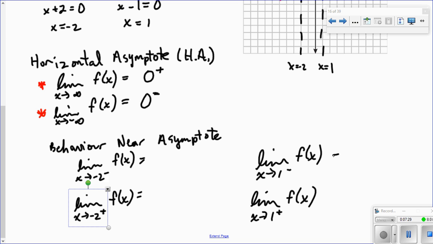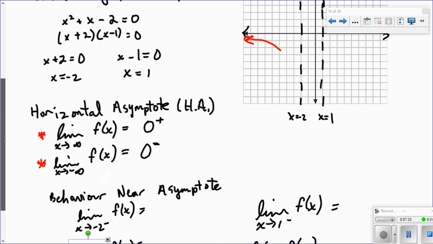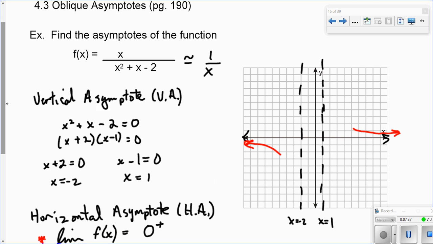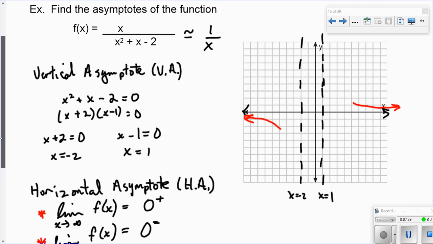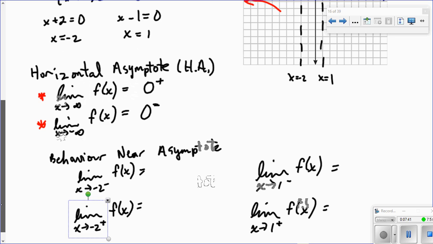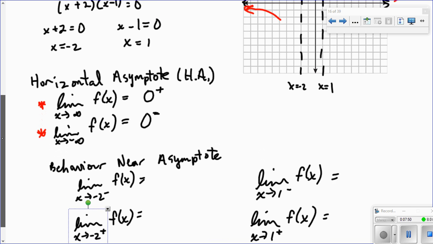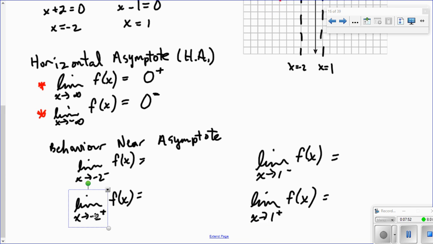Now, we do this in advanced functions, we do this in calculus, we can do this in a variety of ways. We can put numbers into my function that are really, really close to negative 2 on the left-hand side, so that would be like negative 2.001. On the other side I'd put in negative 1.99.